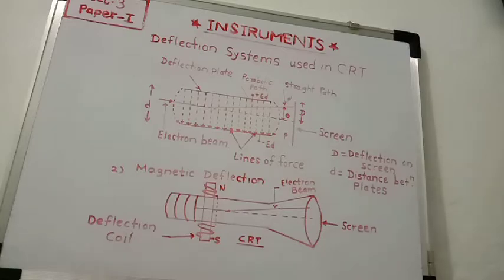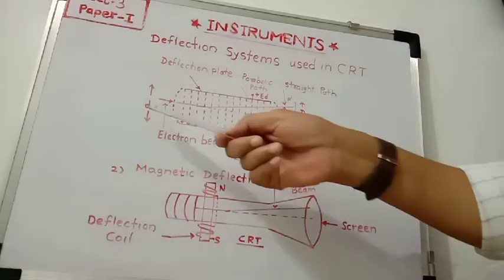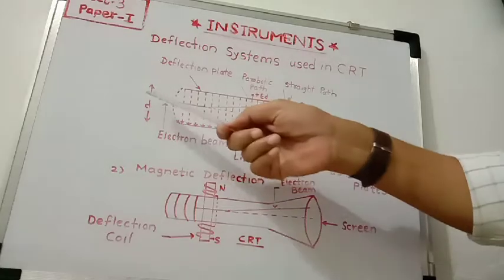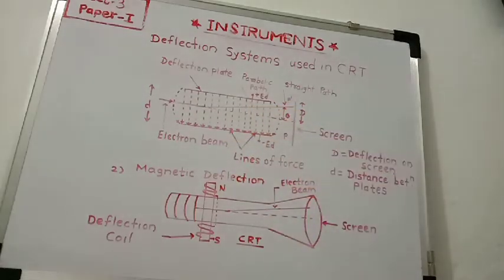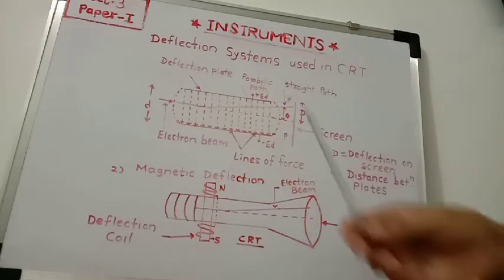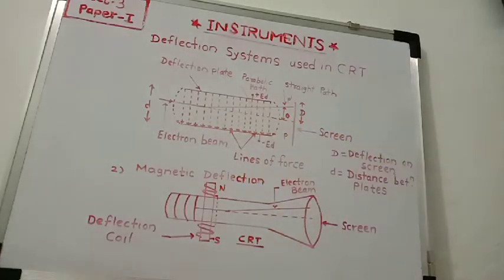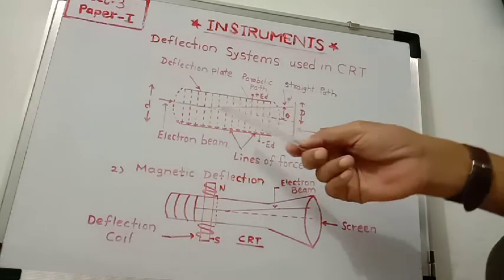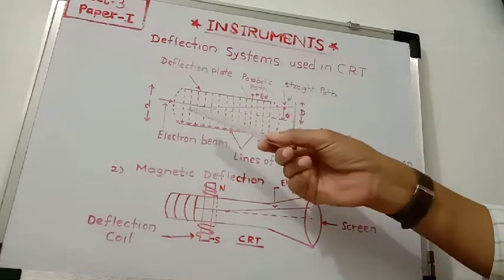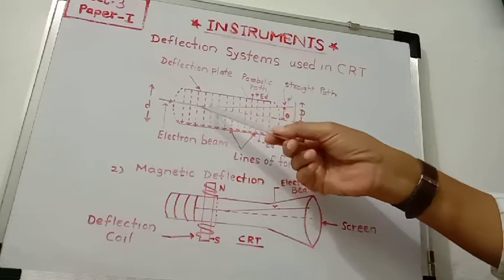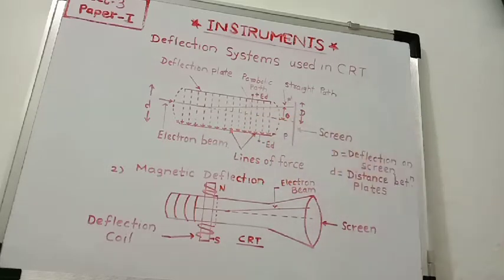When an electron beam enters this field, the beam is deflected towards the positive plate.